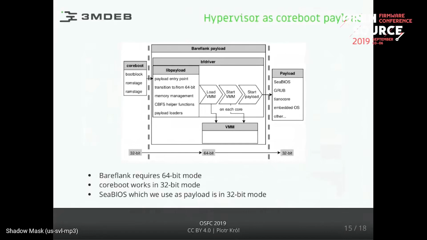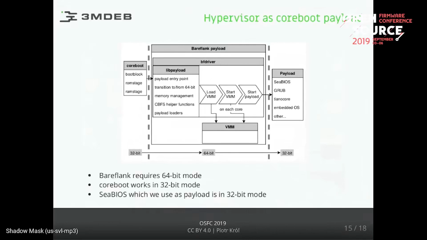Of course, we need CBFS functions to read CBFS and get any bootloader from there if we want to run VMs. And of course there is a payload loader there. The logic is that we first load the VMM on the cores where we want to run VMs. Then we start it, and we start payloads inside the given VMs.